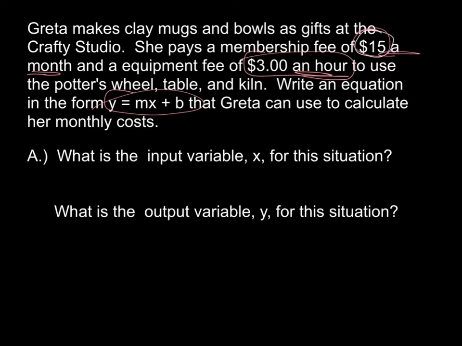Does that sound like one that you can choose the value of? You can choose the total cost? I don't think so. That sounds like one that has to be calculated. What else do we not know that might be involved in that total cost? How many hours? We get to choose the number of hours that she uses the potter's wheel, table, and kiln. That is our input variable.